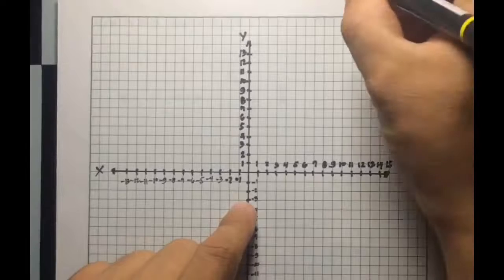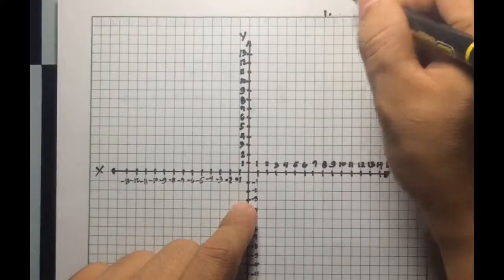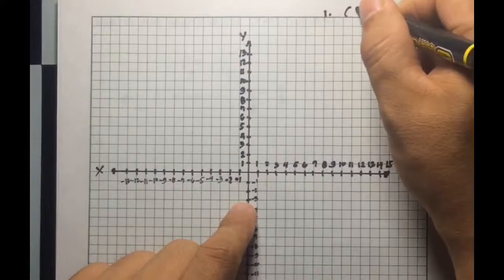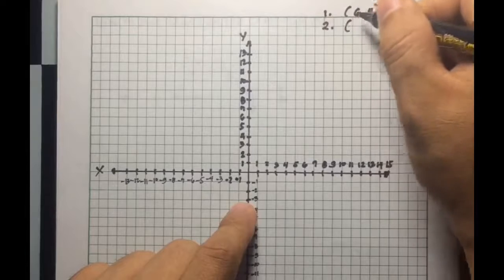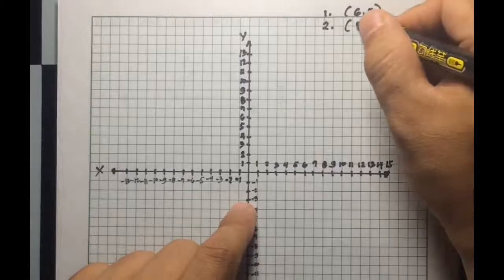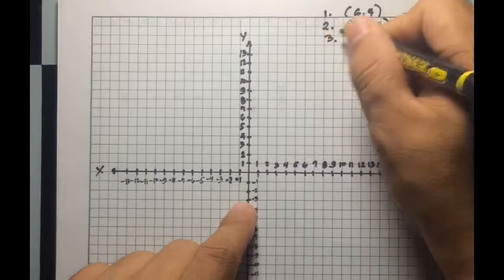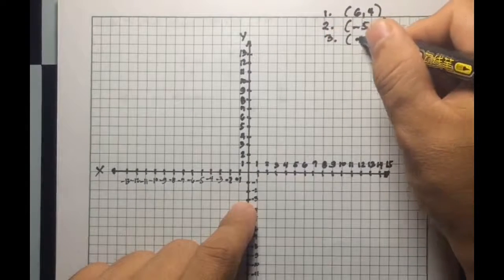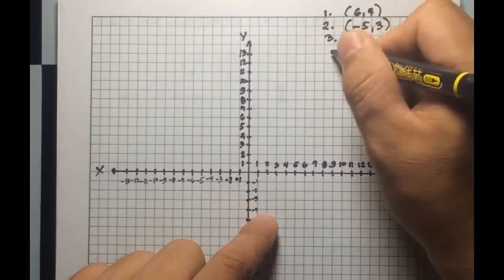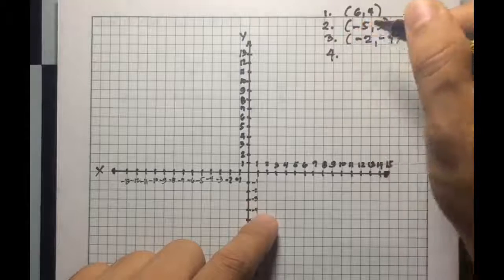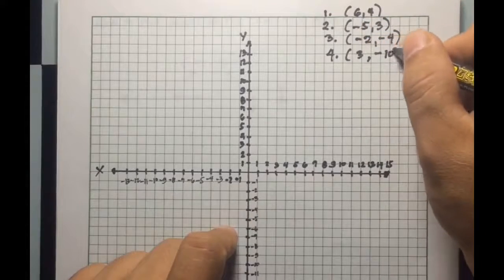For example, if we're going to plot these points: number 1, let's have 6, 4. Number 2, negative 5, 3. Number 3, negative 2, negative 4. Number 4, let's have 3, negative 10.